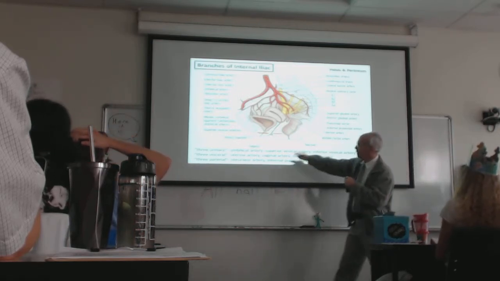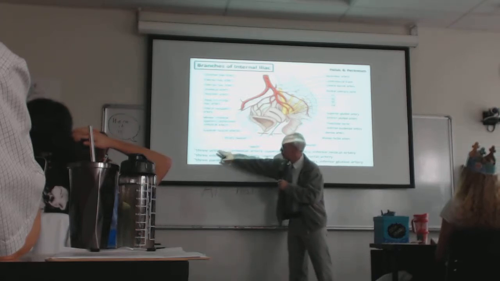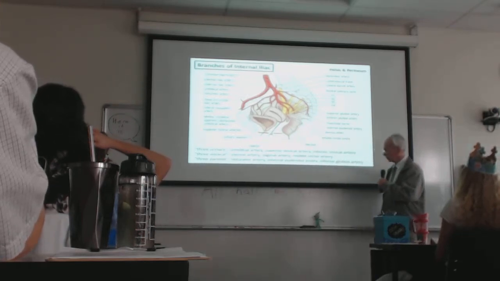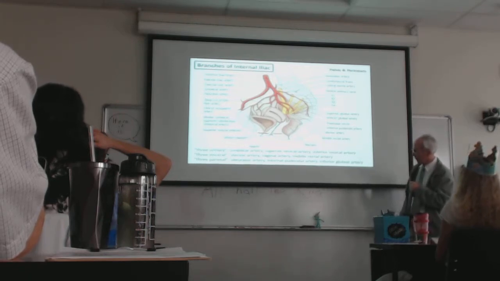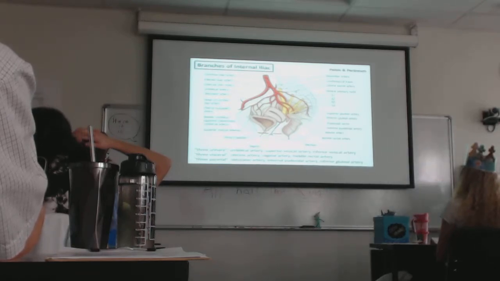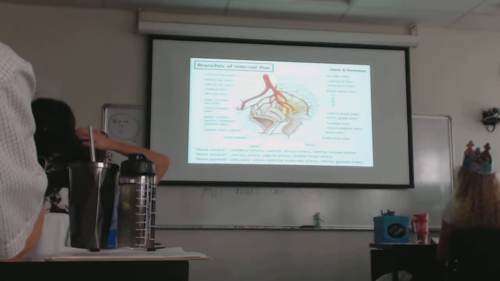But in any case, if you find it useful, this is the traditional organizational scheme used to memorize the branches of the internal iliac. You can see the common iliac up here, the external iliac, of course, that main branch that we talked about before is the inferior epigastric, which we mentioned earlier.